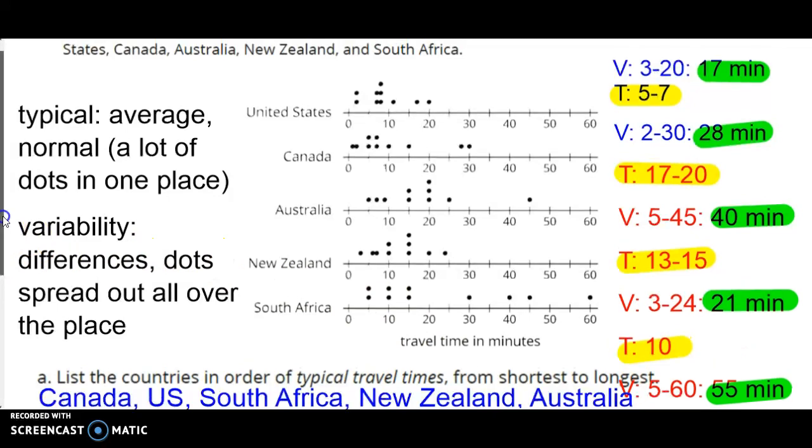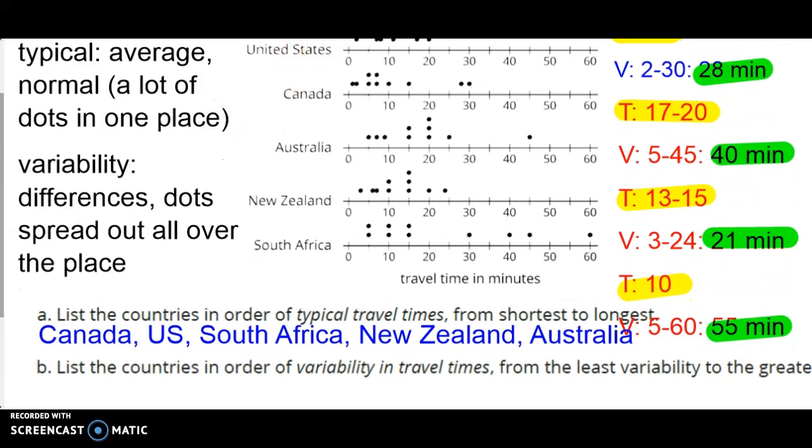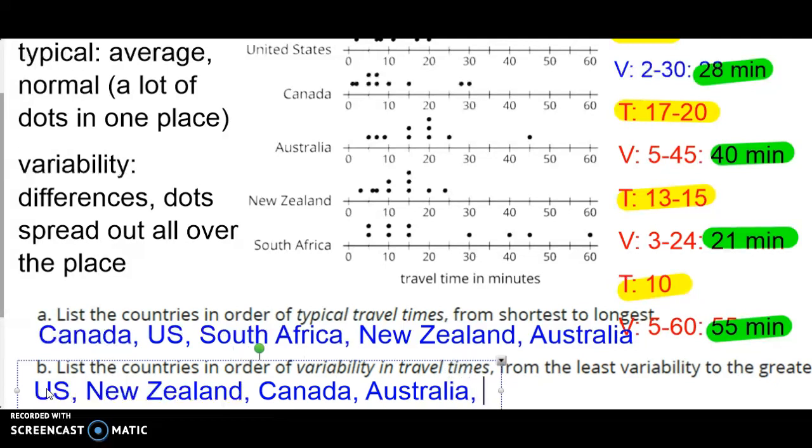So for this question, my shortest variability here is going to be the United States at 17. So US. Next was New Zealand at 21. Then I had Canada, 28, Australia, and most variable was South Africa at 55.